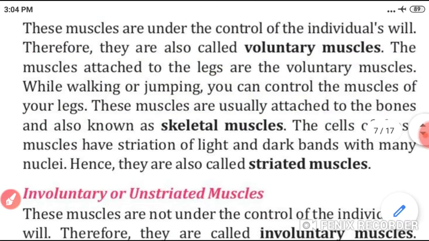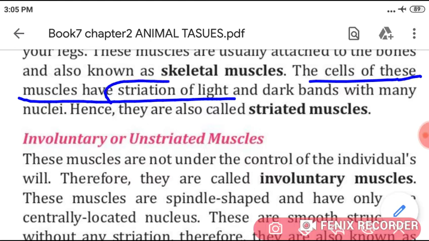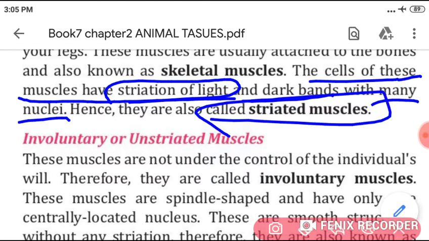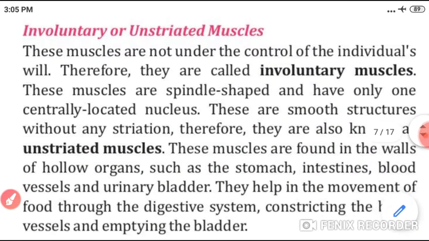Carefully listen, the cells of these muscles have striation of light and dark bands with many nuclei, that is why they are also called striated muscles. Okay, now next are involuntary or unstriated muscles.